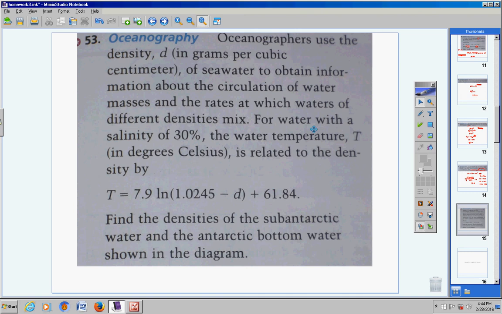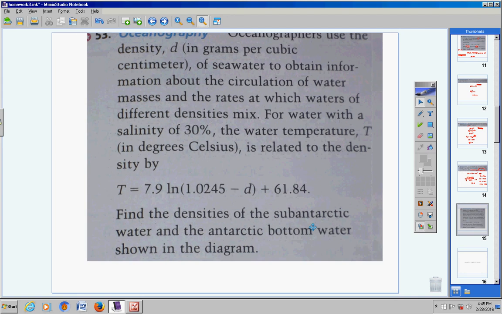So we're assuming the water we're looking at to the right there in your book has a 30% mixture of salinity. Salinity is 30%. We're assuming that. Find the densities of the sub-Antarctic water and the Antarctic bottom water shown in the diagram.